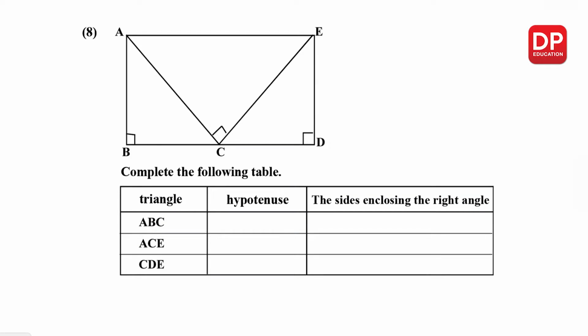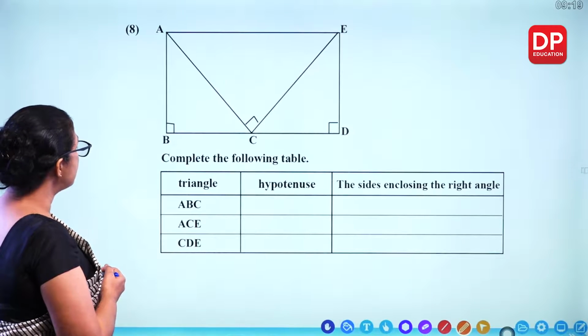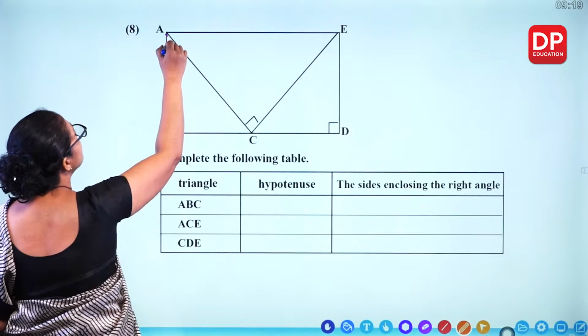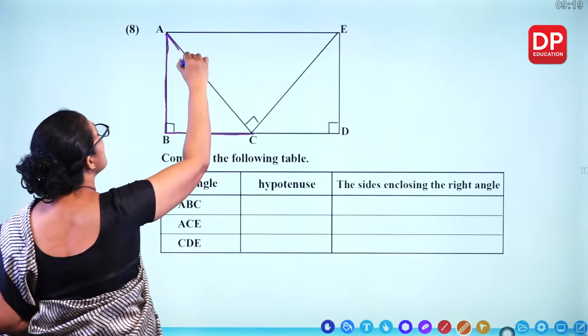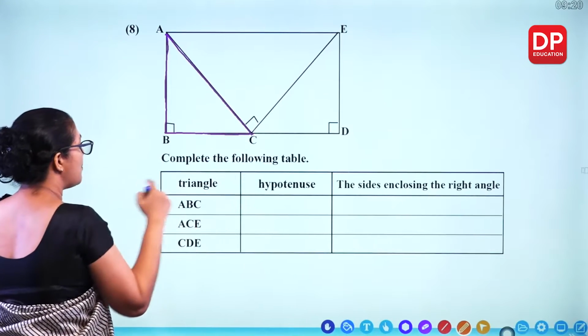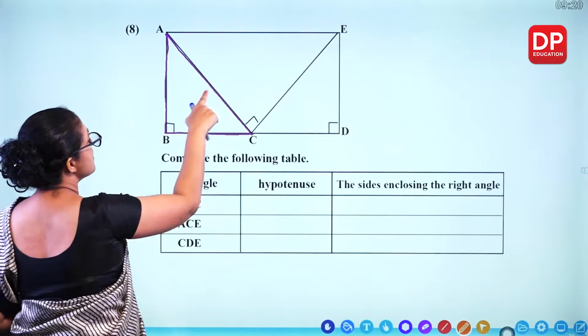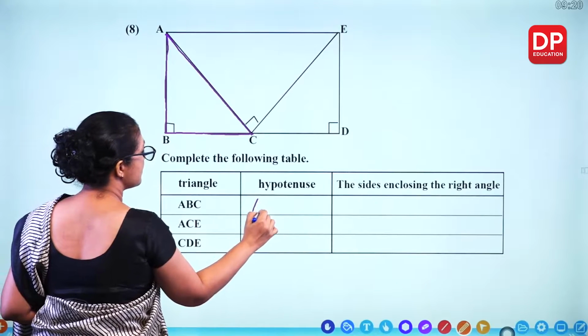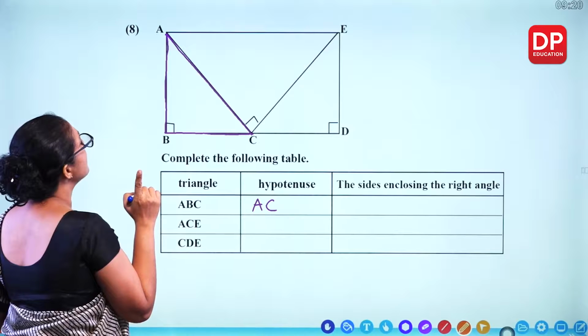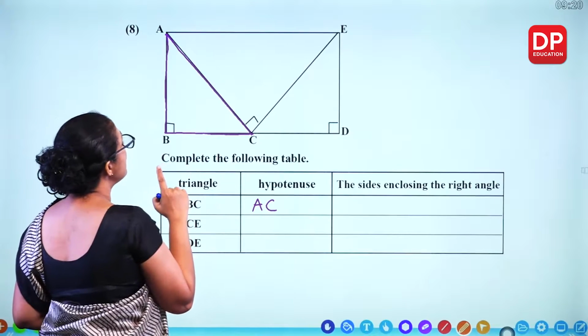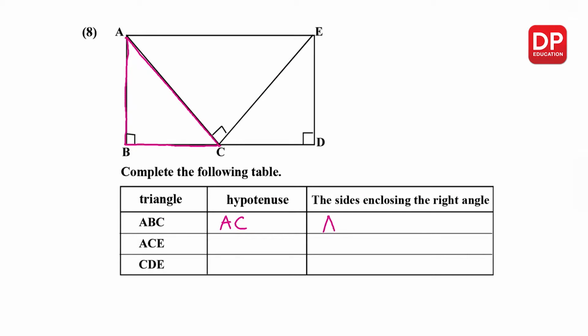There's a diagram. Complete the following table. Triangle ABC. So this one. Now identify the hypotenuse. Opposite to this, that's AC. The sides enclosing the right angle, BA and BC, or AB and BC.